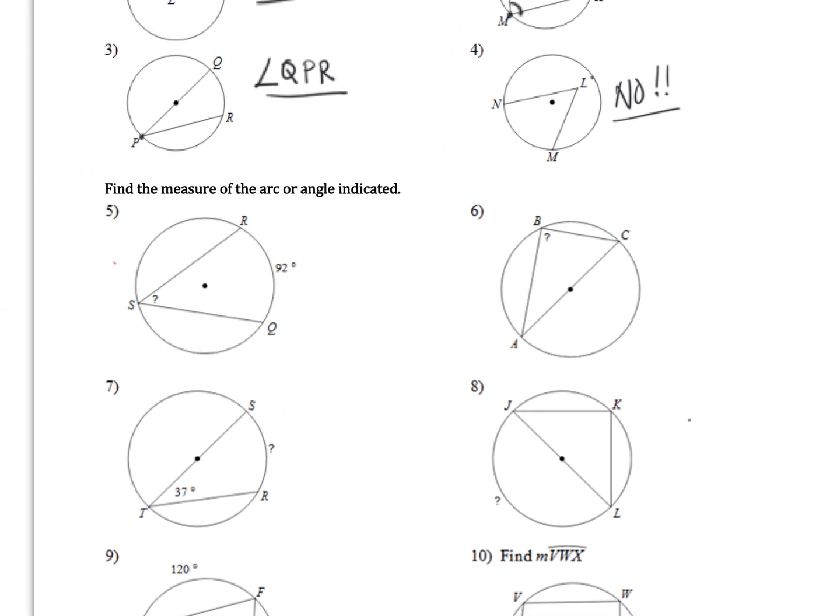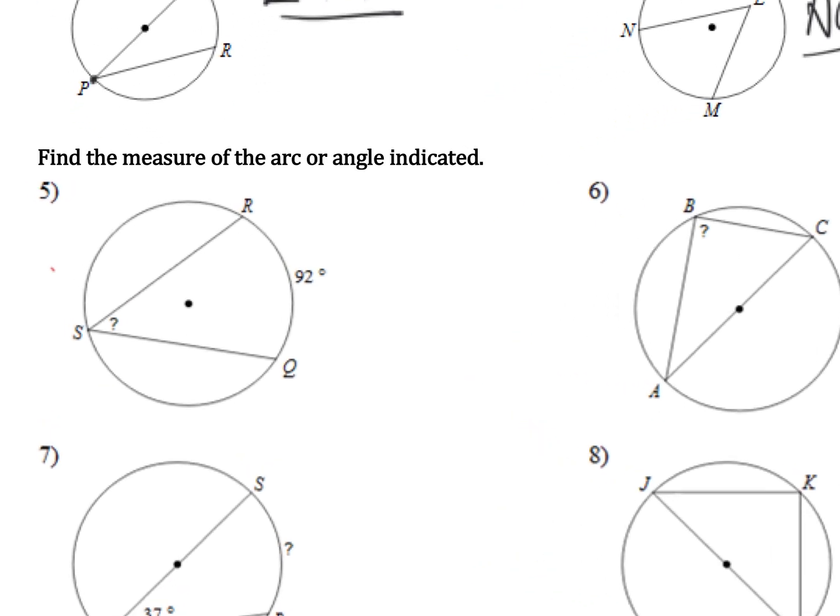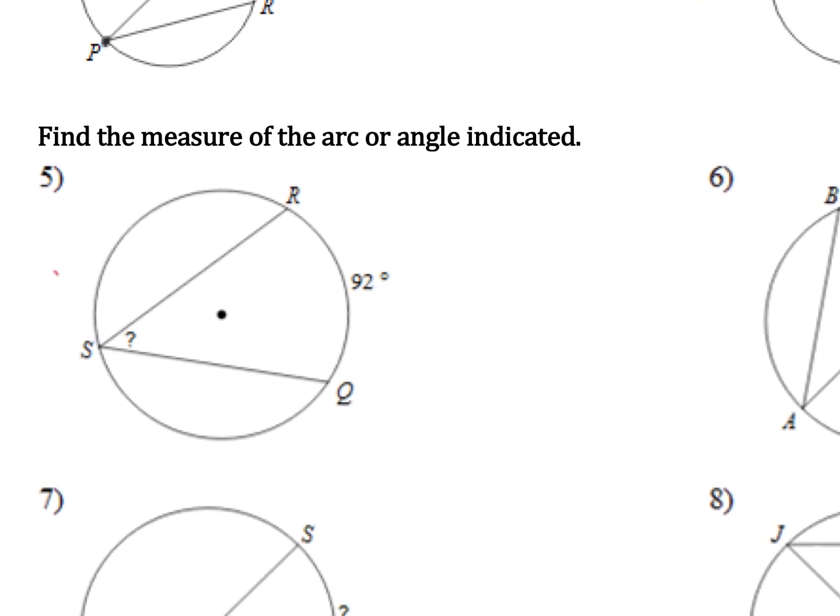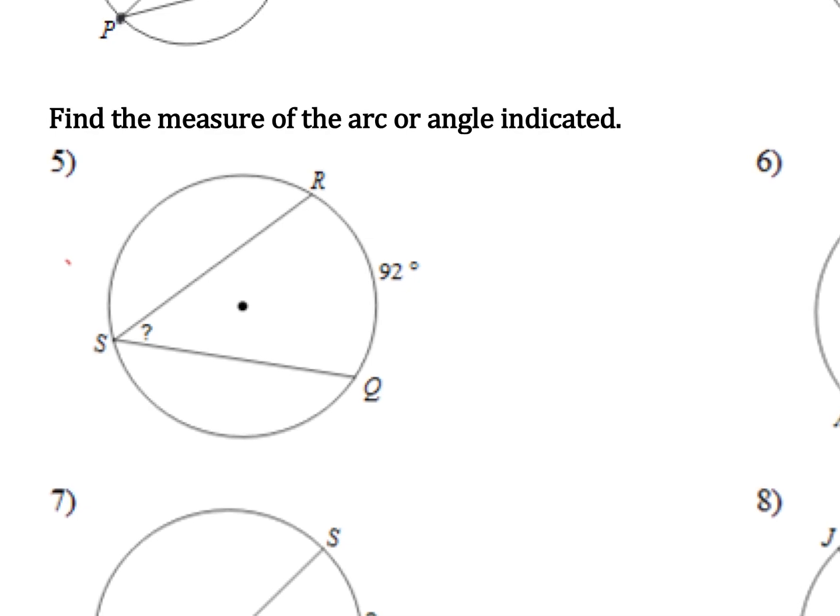Okay, so let's see. Find the measure of the arc or the angle indicated. So here in number 5, this is very easy. The measurement here of angle RSQ is going to be 1/2 of 92. Okay, 92 divided by 2 is going to give you 46 degrees.